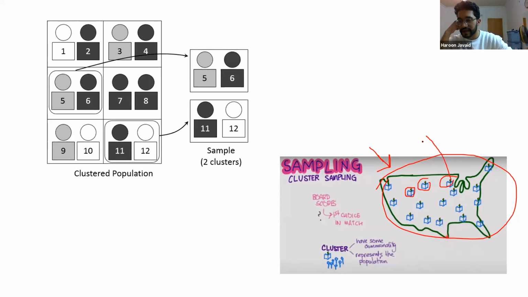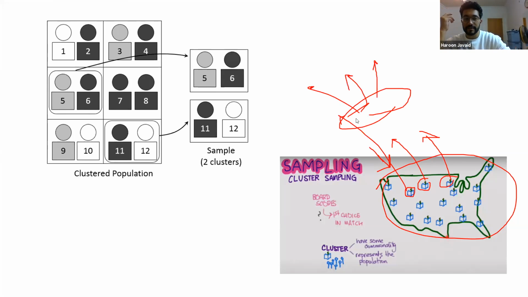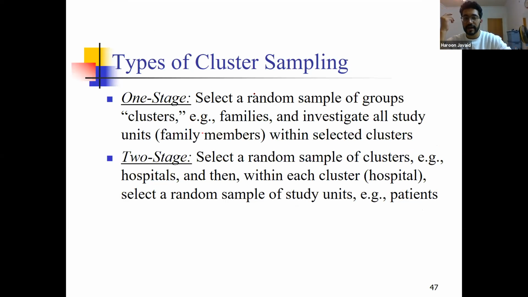So for example, you choose these 3 medical schools. Now you have 2 options. Either you can study all of the students in these 3 schools, or you can randomly select students from this further, okay? If you study all of these individuals in the school, this is known as one-step clustering or one-stage clustering. Randomly select a sample of groups or clusters and investigate all the study units within these clusters.